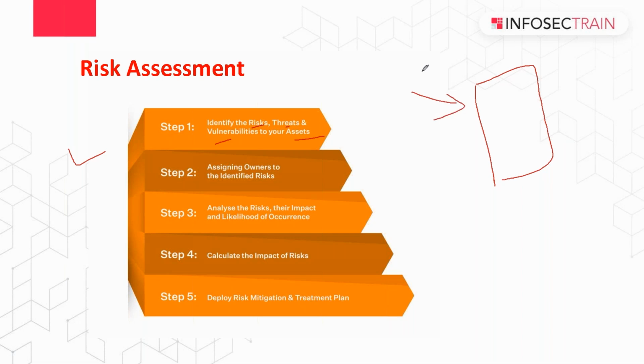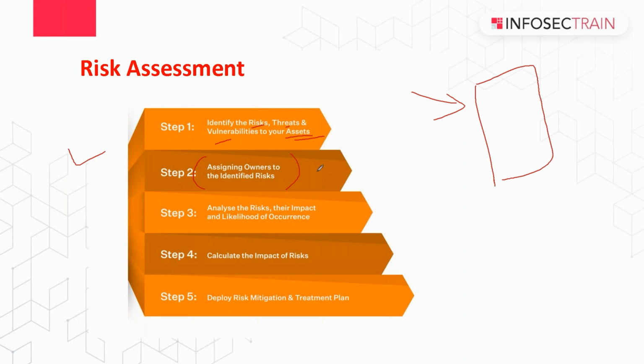What type of assessment do you want to do? A vulnerability assessment, or a risk assessment? At the end of the day, we are going to find out the problem in that asset. Is there any likelihood of a problem to that asset? Assign an owner to the identified risk.